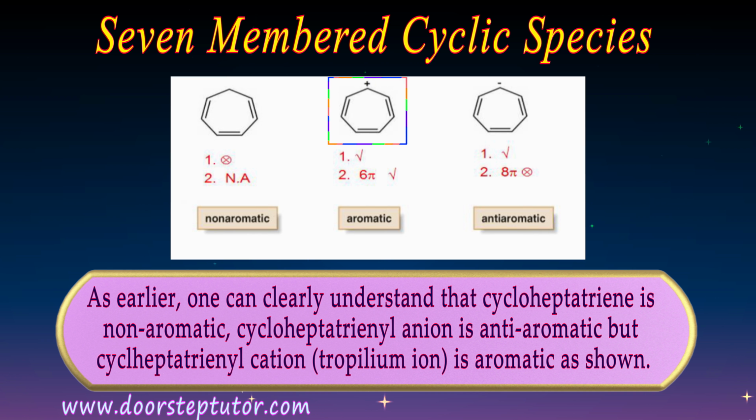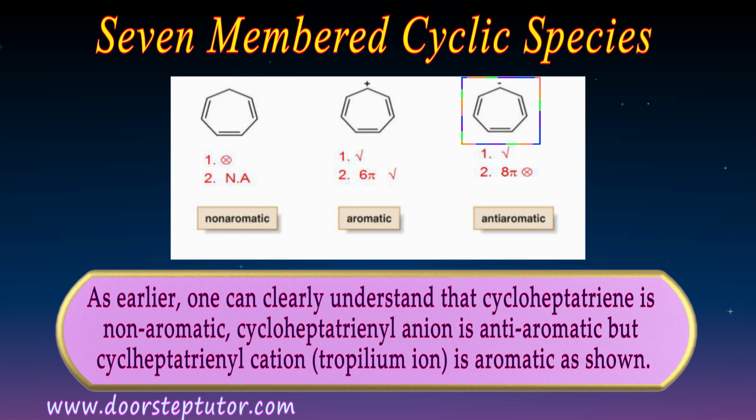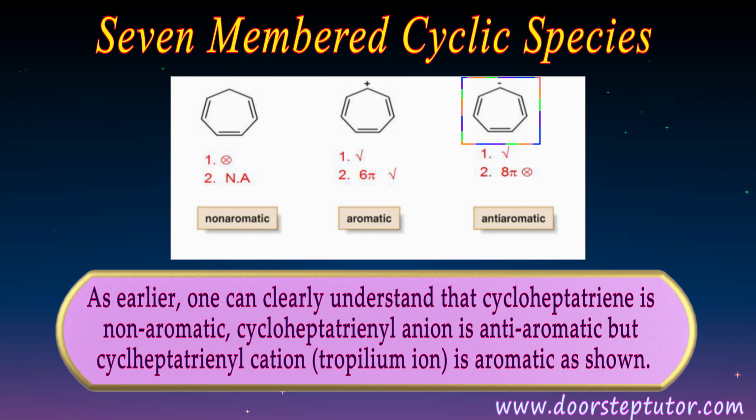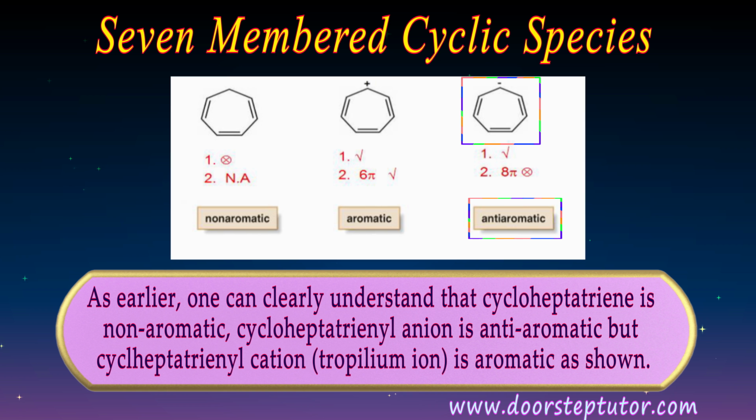Here we have 6 pi electrons, so this is an aromatic compound. And the third compound, the cycloheptatrienyl anion, is anti-aromatic because it is fulfilling the first condition, but not the second condition. It has 8 pi electrons, so this is anti-aromatic.